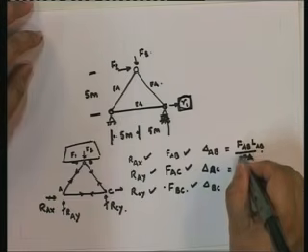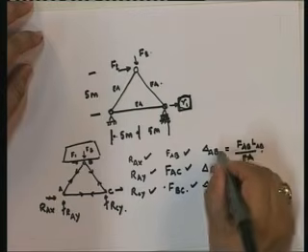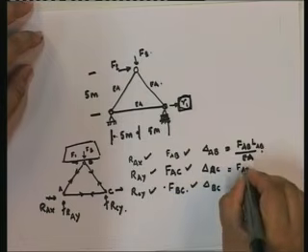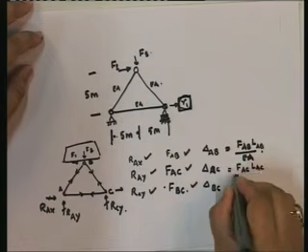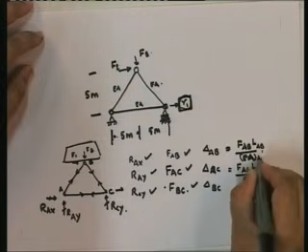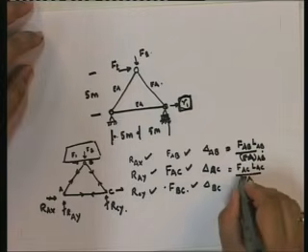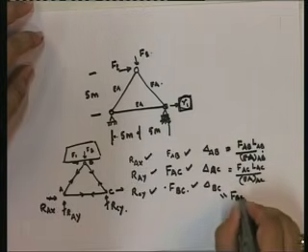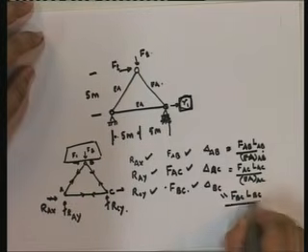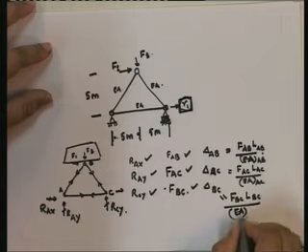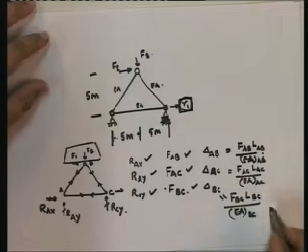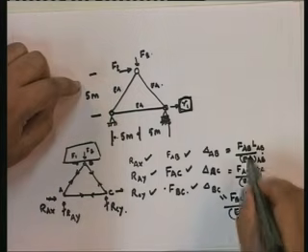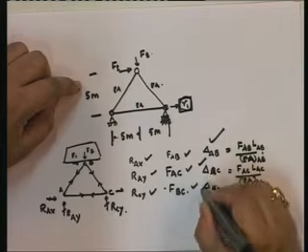Stress by E gives you strain. Constant strain, strain into L is equal to the deformation. So these are things that you have picked up long time ago, and I'm just writing them down. Of course, FAB LAB upon EA of AB, EA of AC, and similarly for this, FBC LBC upon EA of BC. So in other words, since I'm given the EAs, I'm given the lengths, and I can find out the forces, I can evaluate these three.